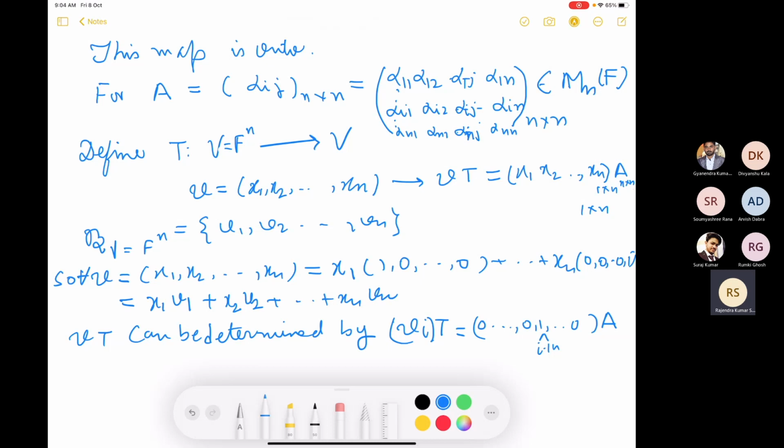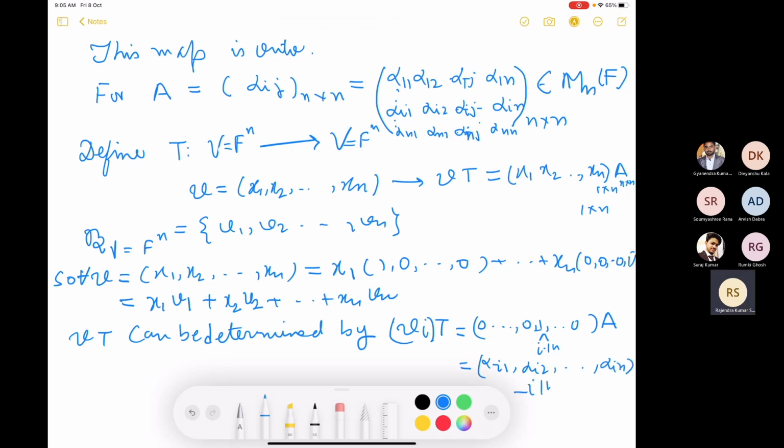If you multiply this with A, and A is this, alpha 1,1, alpha 1,2, and so on, then you can see that this entry, this product, will give you alpha i1, then alpha i2, alpha in.